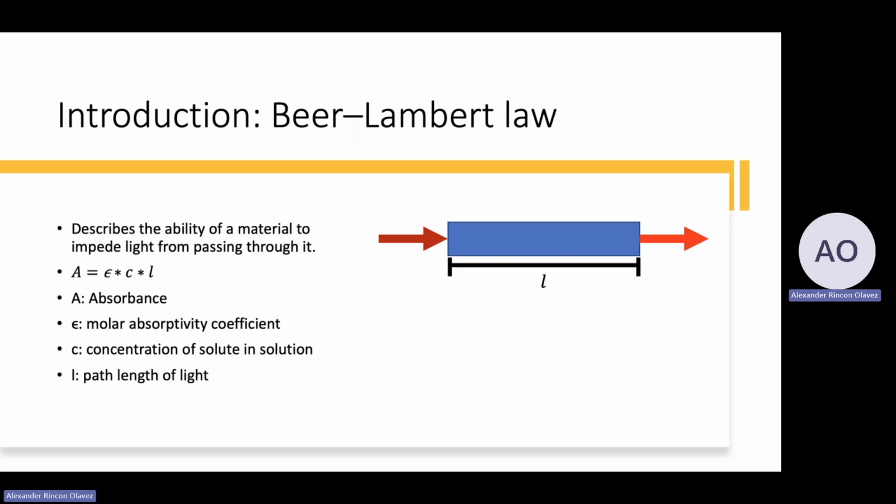This is essentially the absorbance of the material, and in this simple equation, you can see that absorbance depends on the concentration of solute in the solution, the path length of light, which is the distance that light needs to travel through the material, and the molar absorptivity coefficient, which is the probability of light transition. In this equation, it is simple to see that as the molar absorptivity coefficient increases, absorbance also increases.